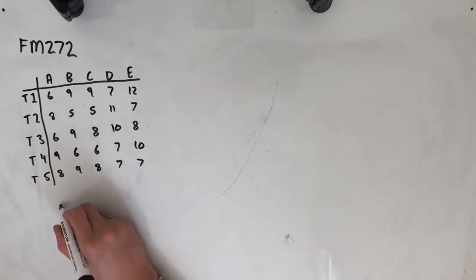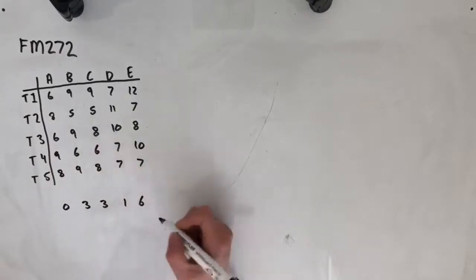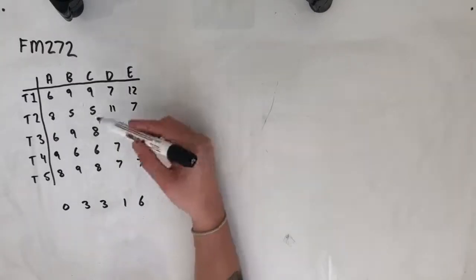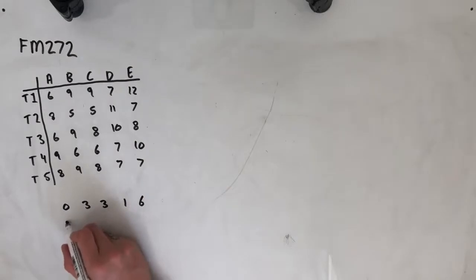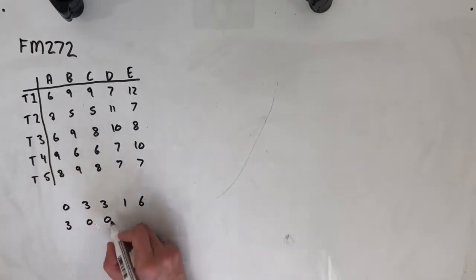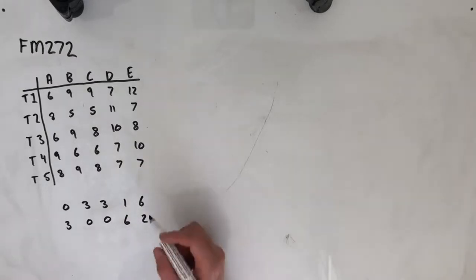So here, when we remove 6 from each of the numbers, we're going to get 0, 3, 3, 1, 6. In this second row, 5 is going to be the smallest time, so we're going to remove 5 from each, leaving us with 3, 0, 0, 6, 2. In this third row, the smallest number is going to be 6.